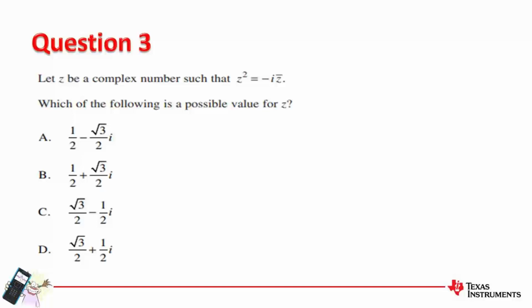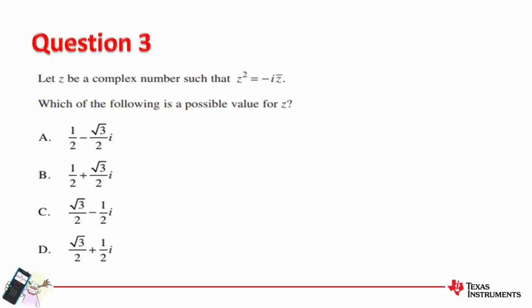Next question is, let z be a complex number such that z squared equals minus i times z conjugate, which of the following is a possible value for z. So this time we'll take a slightly different approach.